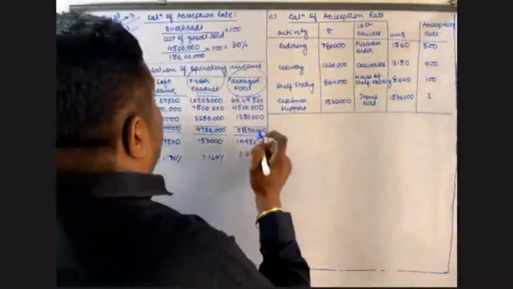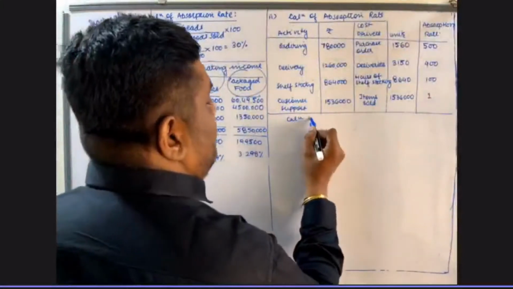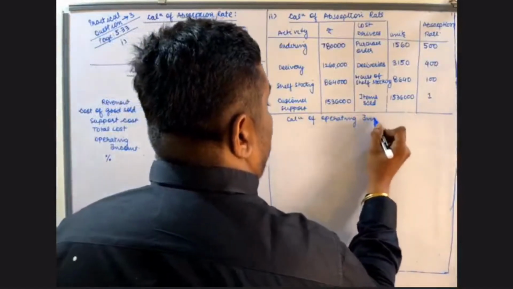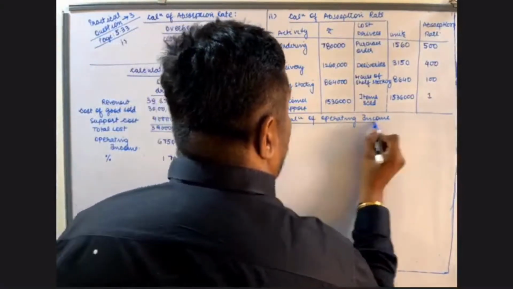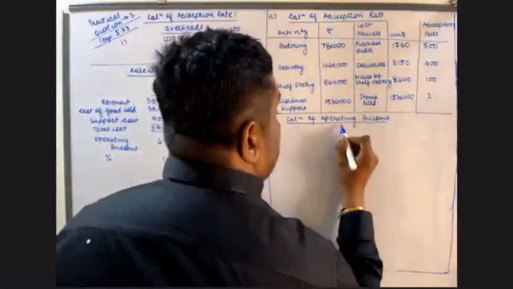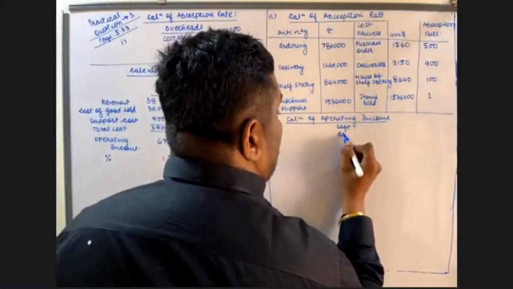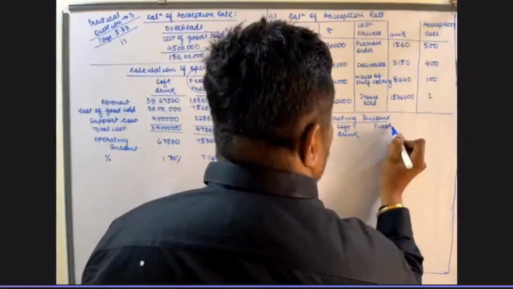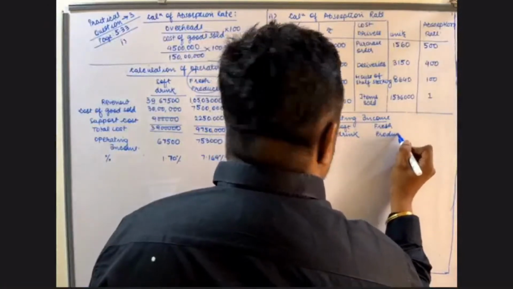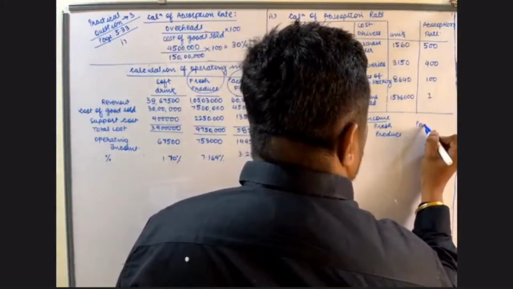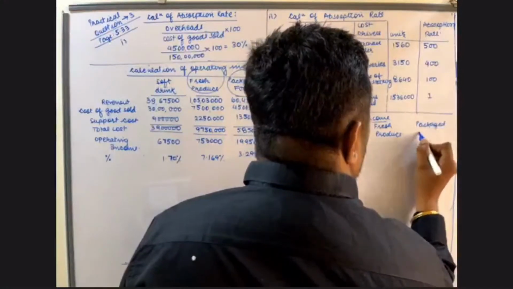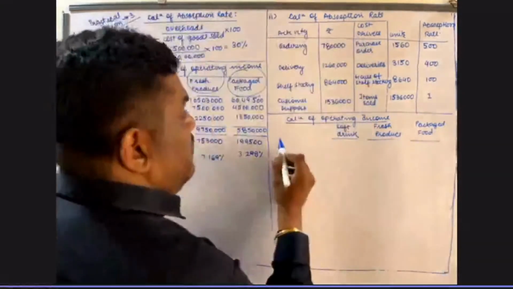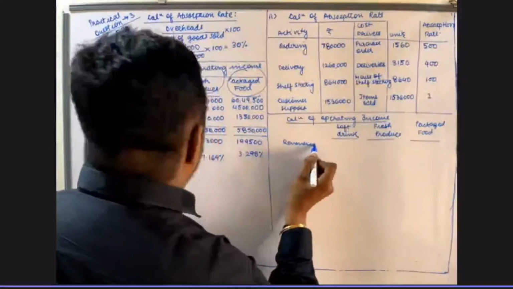Now, the calculation of operating income for soft drink, fresh produce, and packaged food. When talking about the revenue, that is given in the question itself.